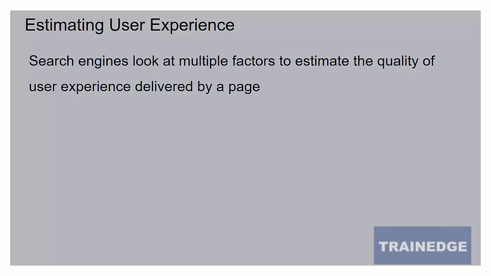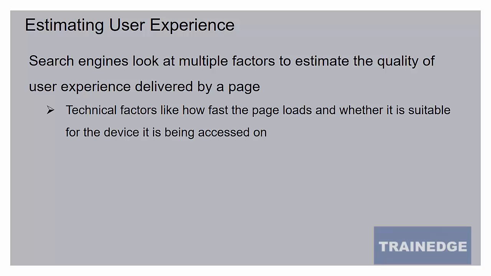Search engines, especially Google, look at multiple factors to estimate the quality of user experience. For example, it looks at how fast the page loads and whether it is suitable for the device it is being accessed on. Nowadays we use mobile devices a lot, and these are different kinds of mobile devices, phones, tablets, they come in different shapes and sizes.